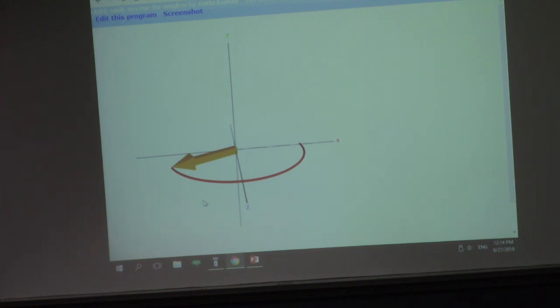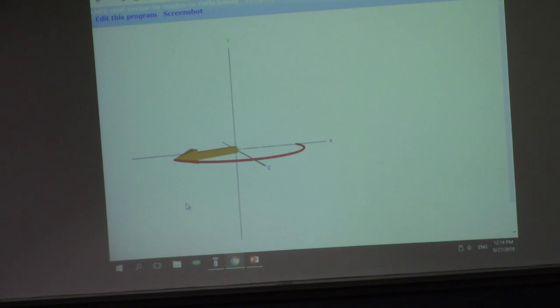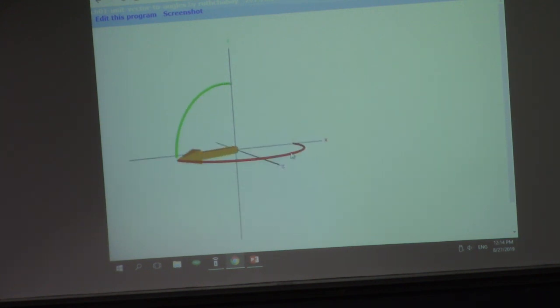All right. What's the angle this vector makes with the y-axis? It's in the xz plane. The y-axis is perpendicular to the xz plane, 90 degrees. So this is theta sub x. That is then theta sub y.